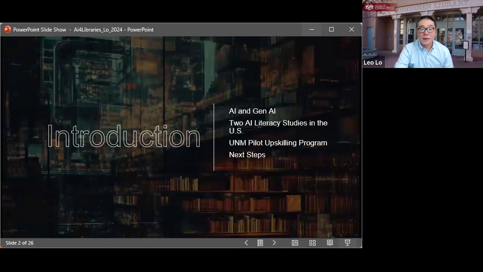Based on those findings, I developed a pilot upskilling program at my university, and I'll talk a little bit about that. I feel like that's a really good template. Perhaps you can use it at your own libraries. And then I'll be happy to answer any questions that you have, or I would love to hear your thoughts on AI and AI literacy as well.